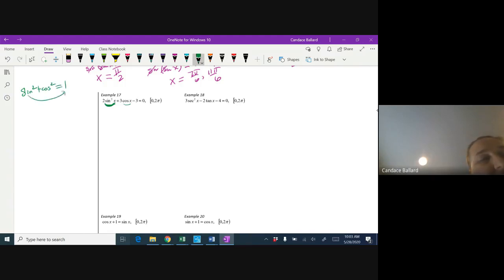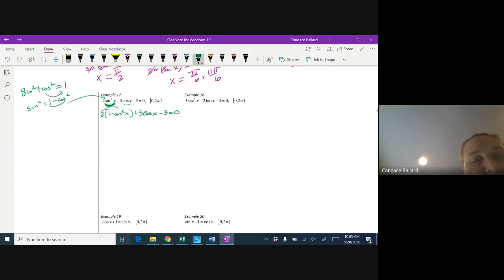I could solve it for sine squared by moving this to the other side. So sine squared equals 1 minus cosine squared. I'm going to substitute that in here. So that gives me 2 times 1 minus cosine squared x plus 3 cosine x minus 3 equals 0.